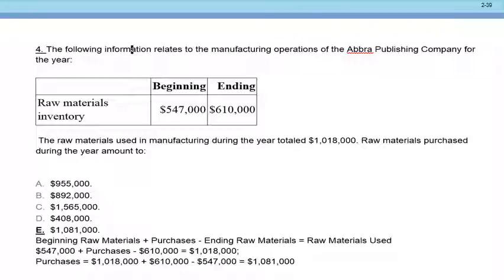So I added 1,081,000 for the period so that I could get to the 1,628,000, and subtracting the materials used gives me the ending balance, doesn't it? Okay. That's the way I like to do it.